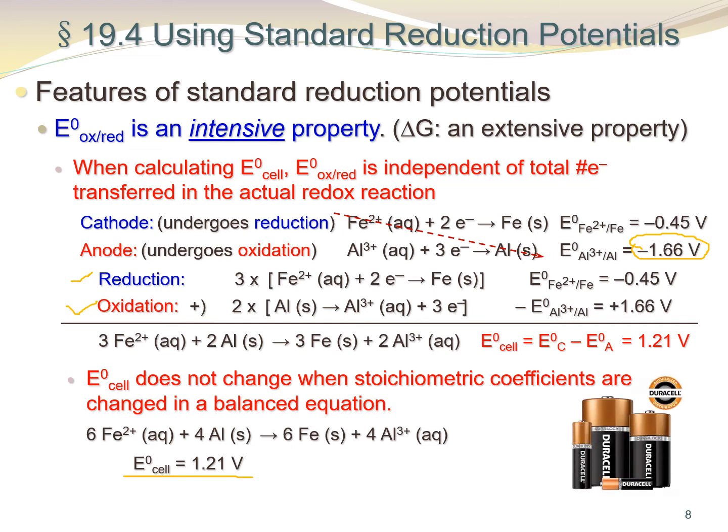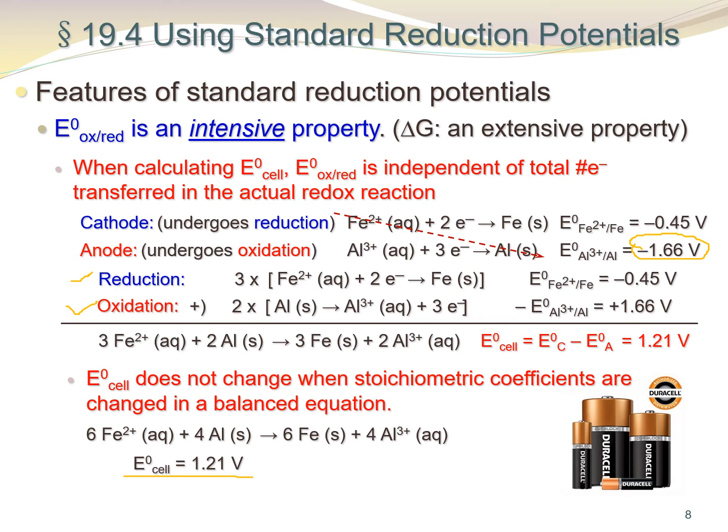That certainly explains why, with various sizes of battery, as long as it's the same type with the same reaction going on, they always have the same voltage. For example, an AAA and an AA battery both have 1.5 volts. That is not going to change, regardless of the size of the battery.